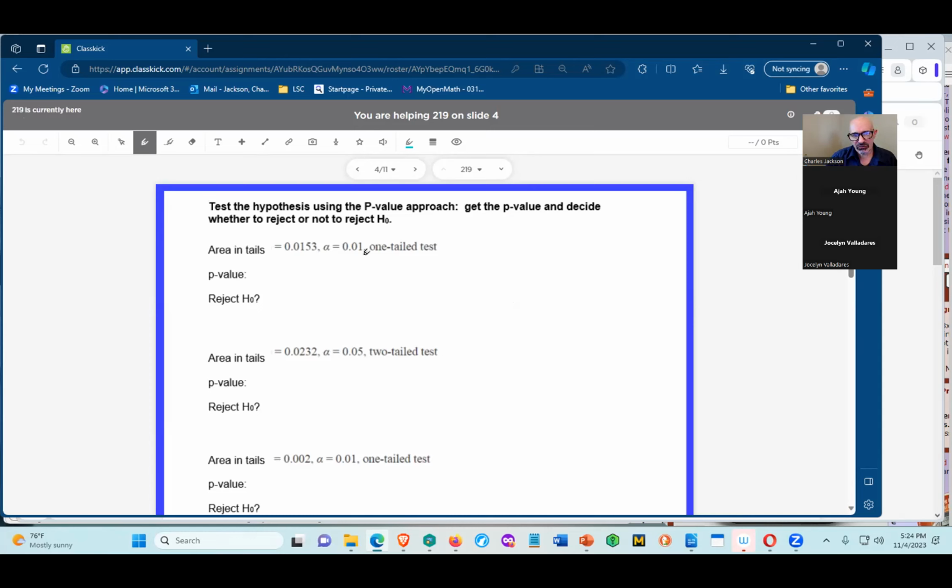The p-value for a one-tail test is the same. But with this alpha, we're not going to reject, right, Jocelyn? Because the p-value is greater than alpha, because the 0.015 is greater than the 0.01.